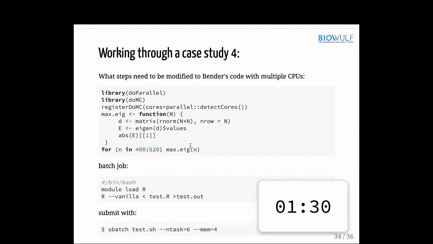The user has a job script that loads R, runs R with --vanilla, and submits with this script. There's a lot that can be done, and there's something we don't recommend using. It's supposed to be a case study, so just speak up if you think there's some way you can change the code. I will give you 1 minute, maybe 2.